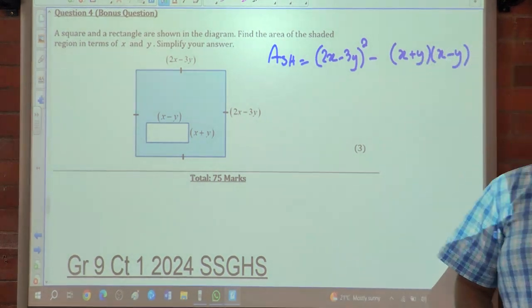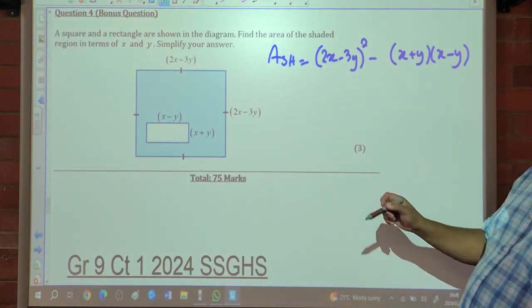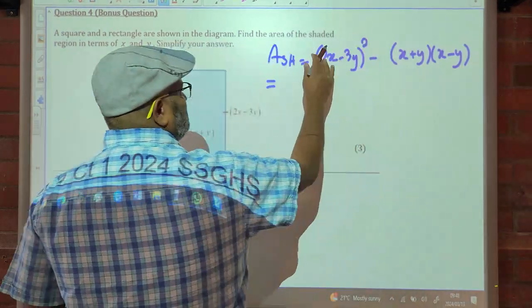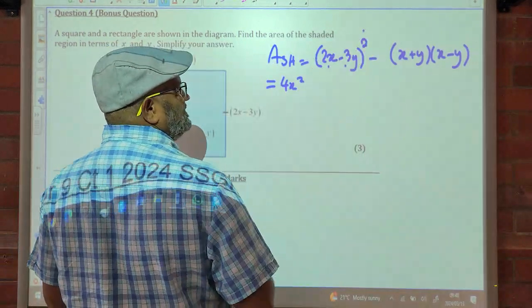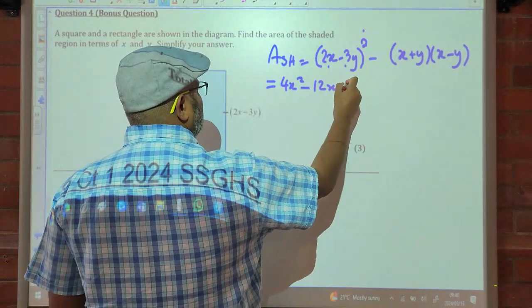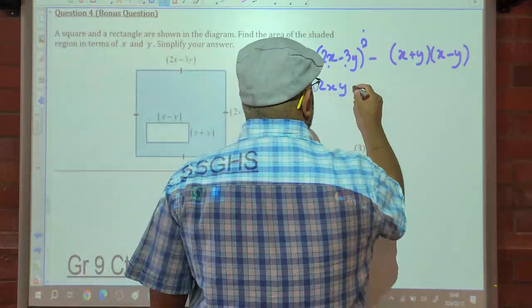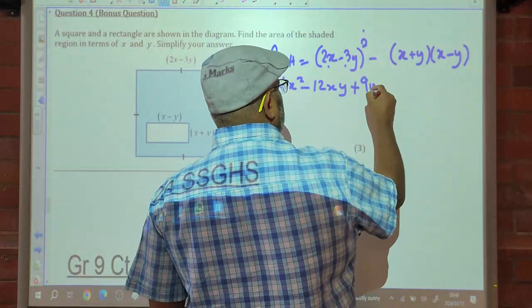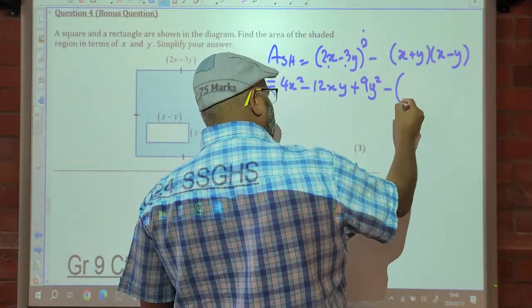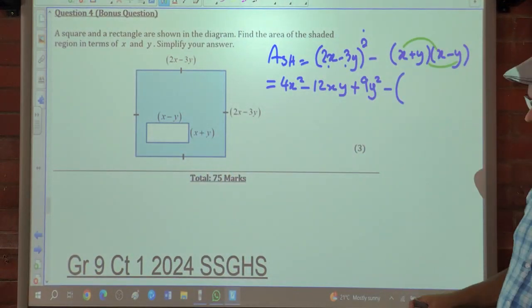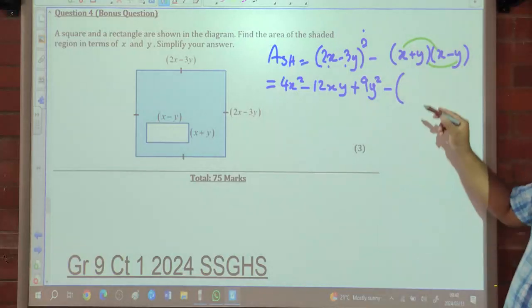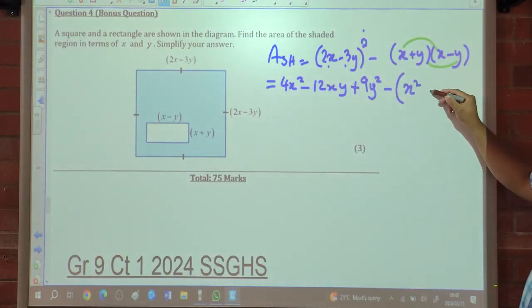You see that, people? So what do I do now? Binomial square: the first term squared gives me 4x squared. Twice the product gives me negative 12xy. Plus the last term squared is 9y squared. Minus bracket. This is the conjugate pair, so I can multiply the first and the last. x times x is x squared, minus y squared.